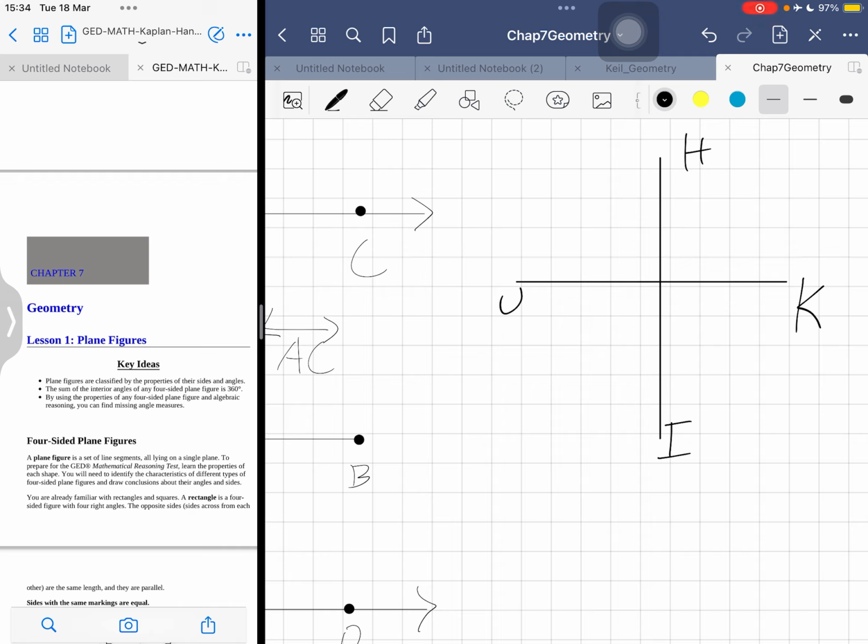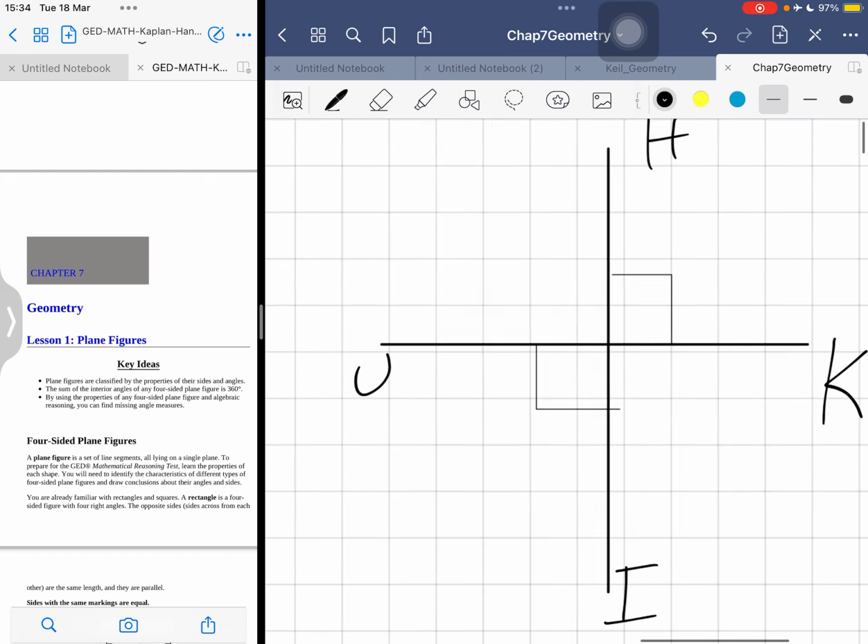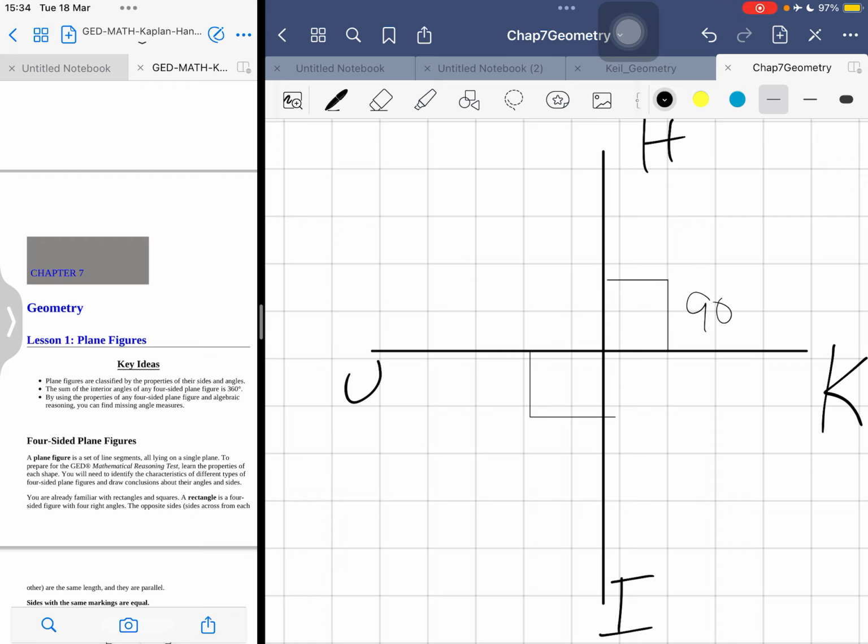A right angle is usually denoted by this symbol, and it has a 90-degree angle.